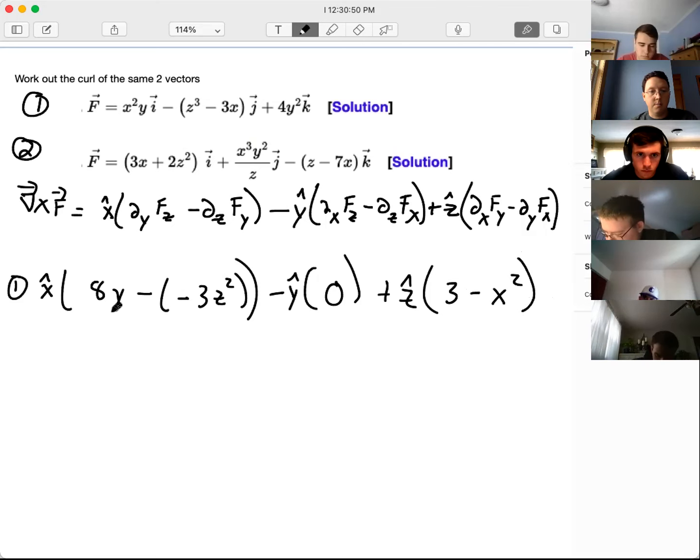Let me just double check this before I move on here. 3y. I'm going to get x on z minus z on x, and then I'm going to get x on y minus y on x.